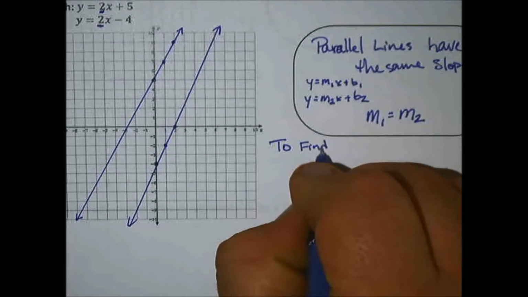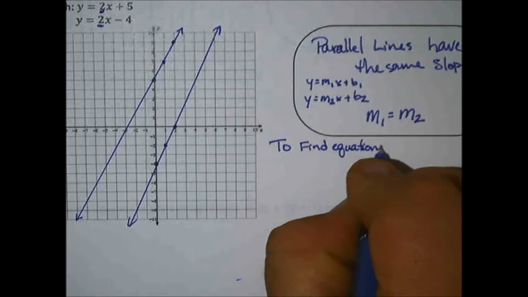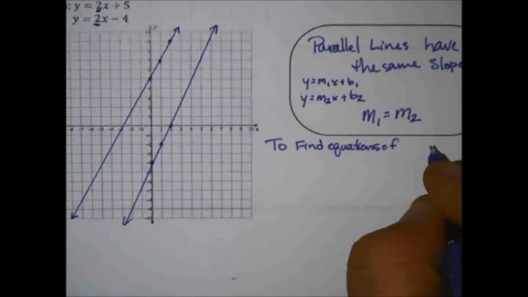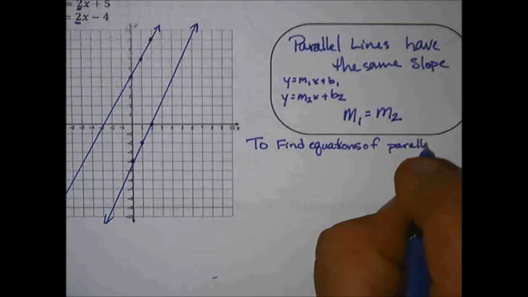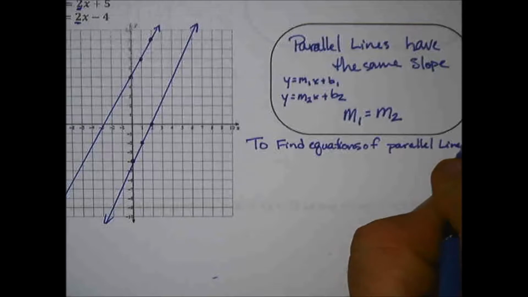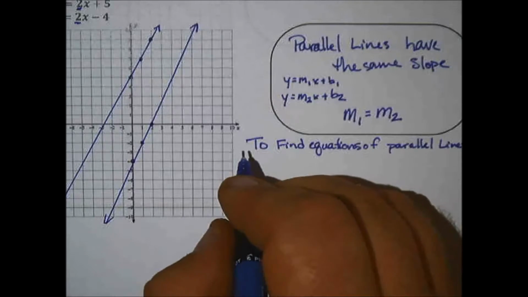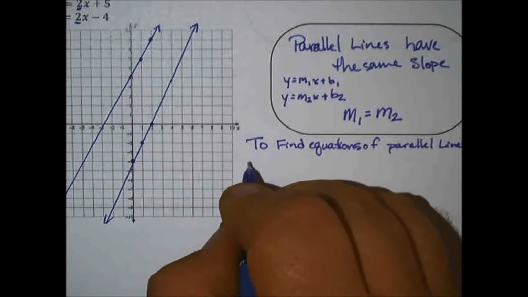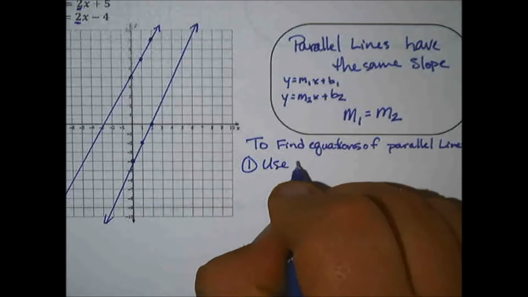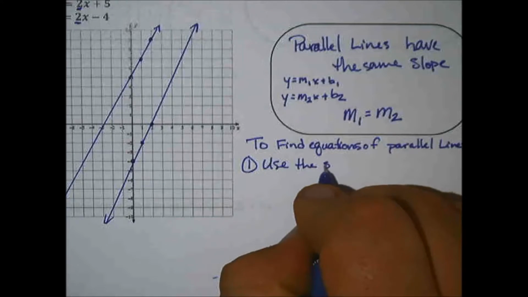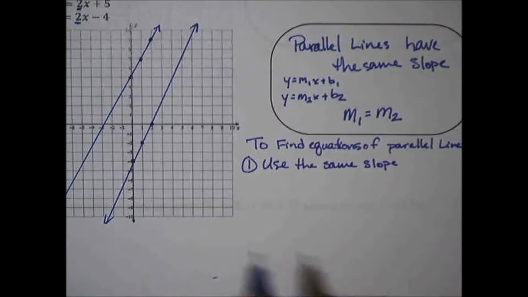So to find equations of parallel lines. So the first thing we're going to do is find the slope. Okay, so one is really just to use the same slope. So we'll use the same slope.